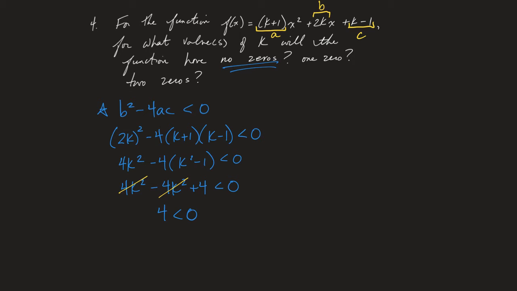So, in order for the condition that we set to exist, something untrue has to happen. 4 has to be less than 0, and that is not possible. And therefore, we get no solution to the inequality we created.